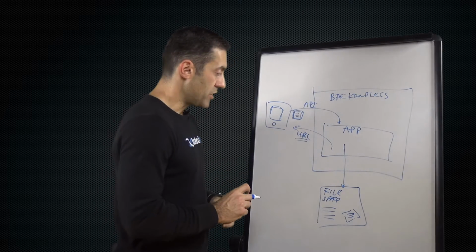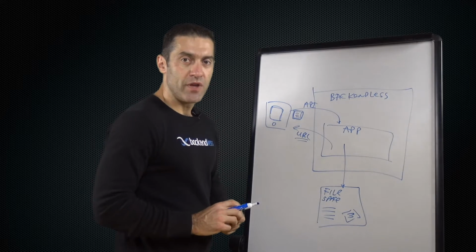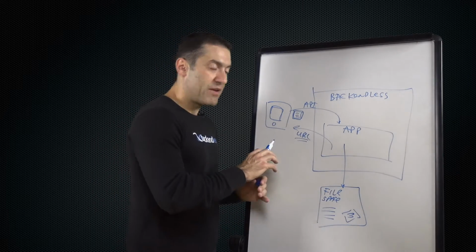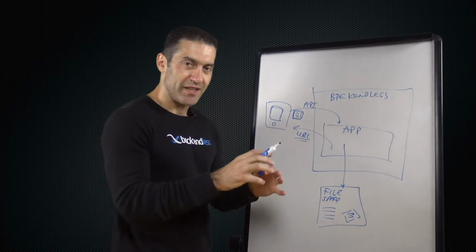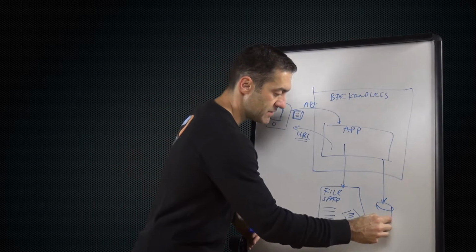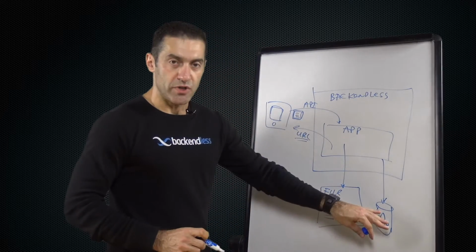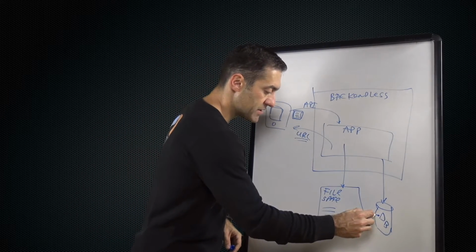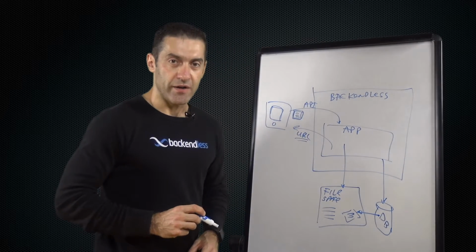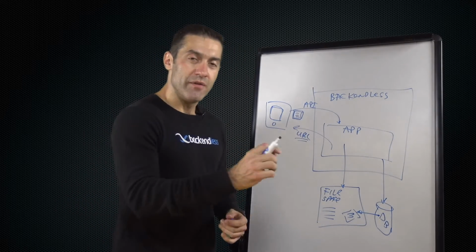Also, I should note that if you're working with the data storage, and you saw the video for the data service API, whenever you store an object in the Backendless data storage, so let's say there is also a database, so this is DB. So an object stored here could reference a file stored right here. So this way, whenever you retrieve an object, you can actually get the URL for the referenced file.